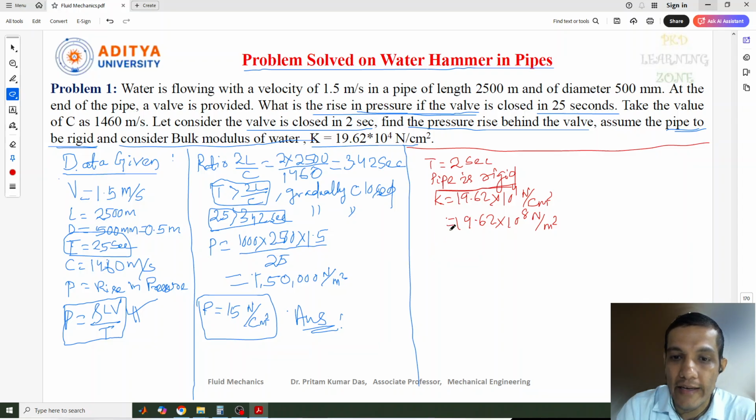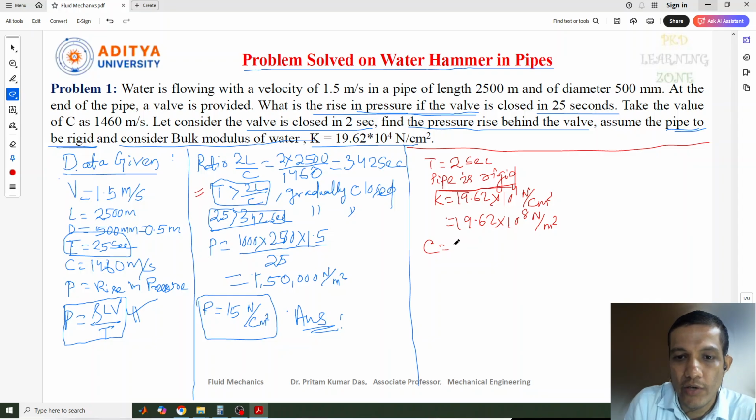Again here we need to satisfy this condition on T. The C value is already given here as 1460, but for this condition we need to find the C value, which is known as, as I told you, the velocity of the pressure wave.